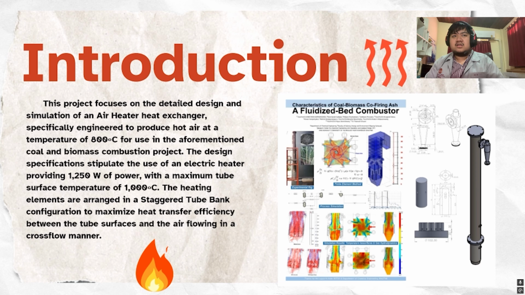The design specifications stipulate the use of an electric heater providing 1,250 watts of power with a maximum tube surface temperature of 1000 Celsius. The heating elements are arranged in a staggered tube bank configuration to maximize heat transfer efficiency between the tube surface and air.